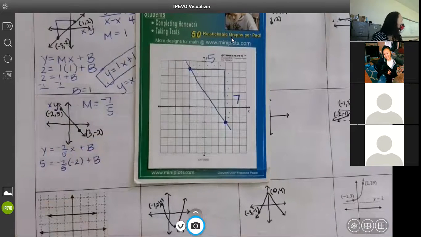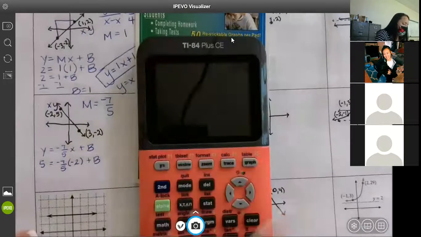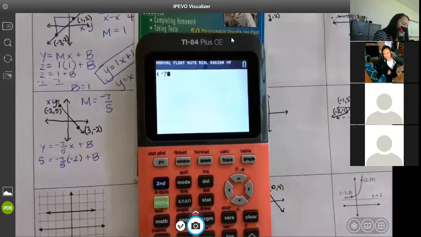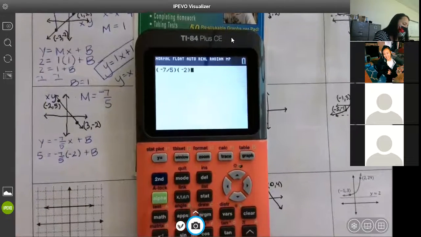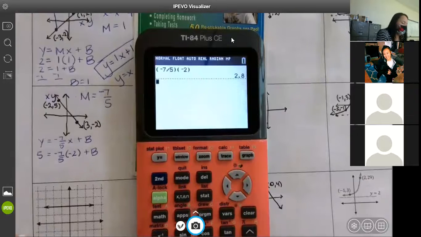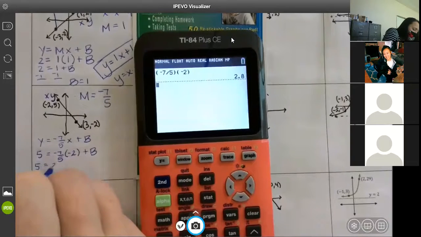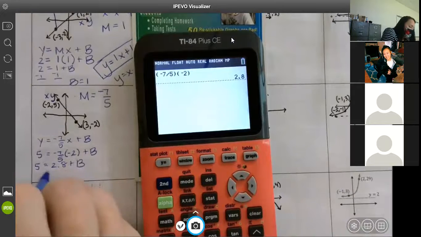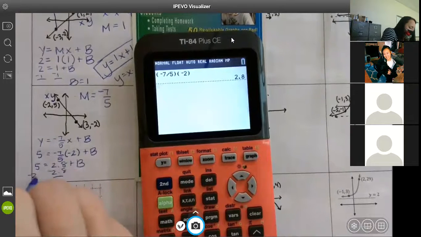Again, I think my graph is a little off, so don't stress out about that. We're going to solve it. -7/5 times -2 is 2.8. And then I need to subtract 2.8.